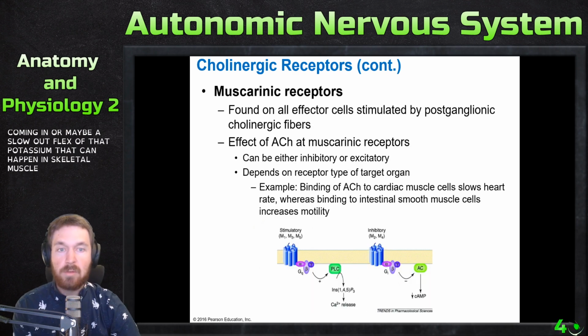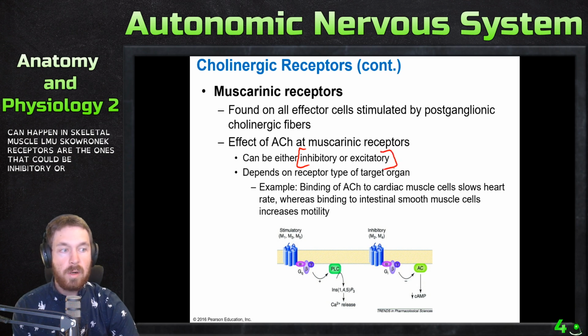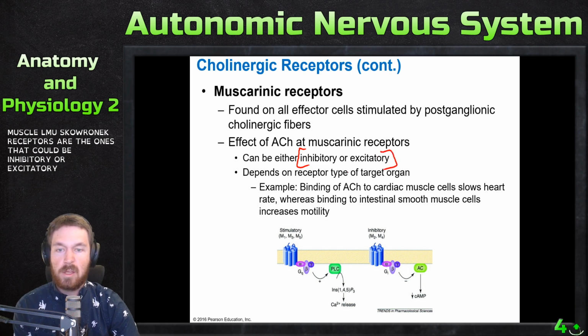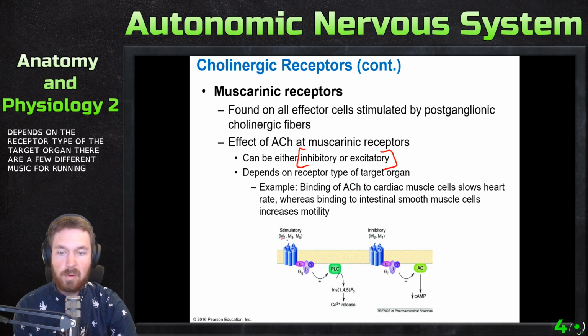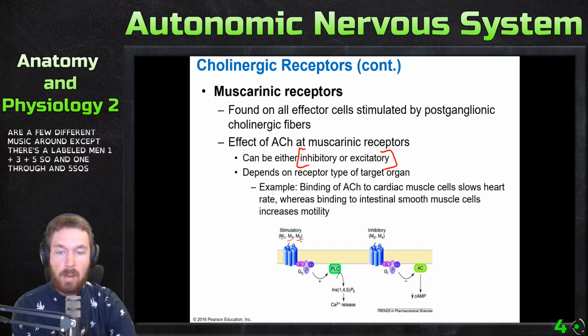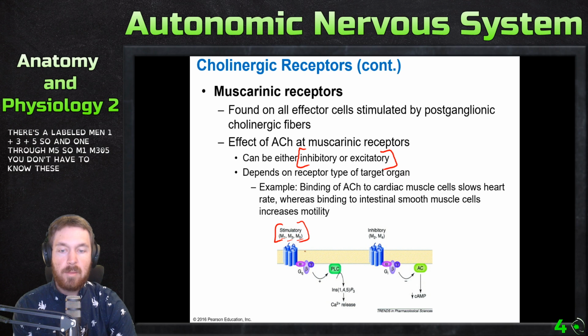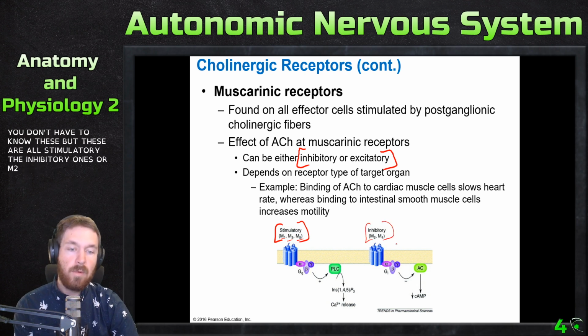And then muscarinic receptors are the ones that could be inhibitory or excitatory. This depends on the receptor type of the target organ. There are a few different muscarinic receptors. They're labeled M1 through M5. M1, M3, and M5, you don't have to know these, but these are all stimulatory. The inhibitory ones are M2 and M4.